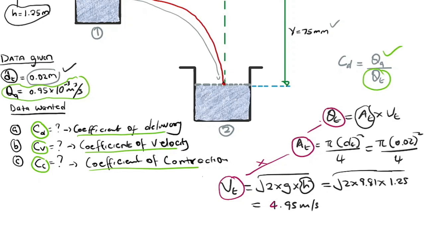Let us write it. The theoretical delivery is equal to the theoretical area times the theoretical velocity.